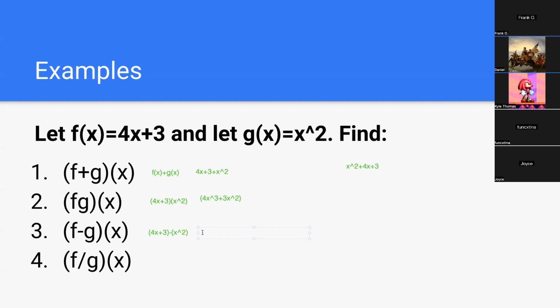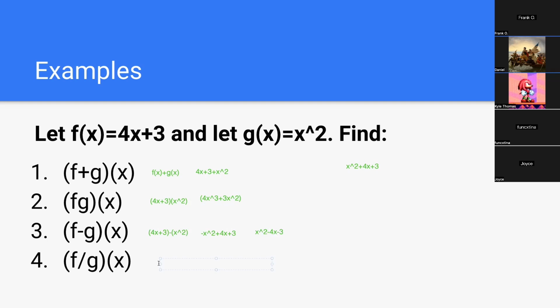When you simplify, you get negative x squared plus 4x plus 3. Very important, because if you were to do x squared minus 4x plus 3, which would mean you were doing g minus f, your answer would be x squared minus 4x minus 3, which would not be the answer.